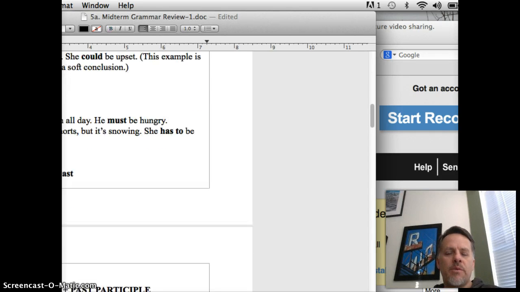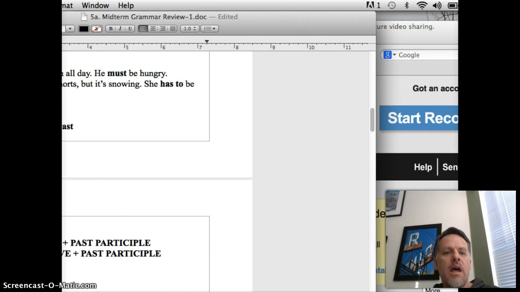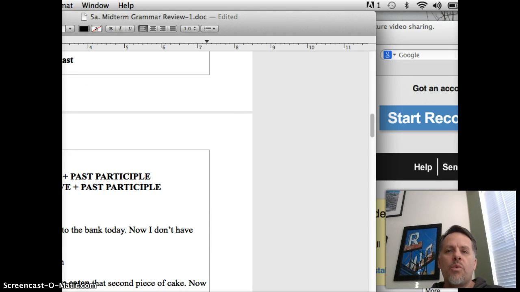And then I moved on to modals in the past. And as you know, we have the modal plus have plus the past participle. Again, it's a fixed form, at least in terms of the have plus the past participle. We always have those two parts for the modals in the past, and then we change the modal depending on what we want to say.